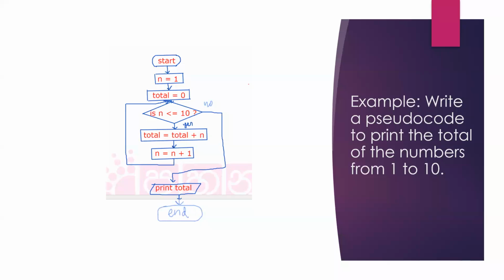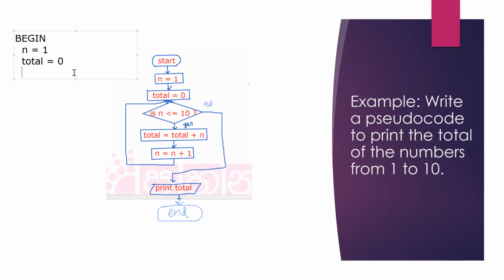So what we have to do is we say begin, then we have n equals 1, total equals 0.